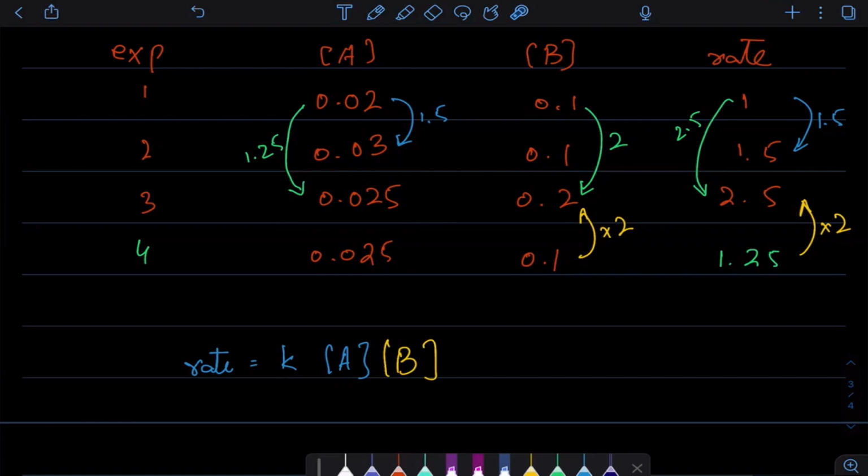Just ignore B, just ignore these values. Just focus on the one that you know. You know that A के लिहाज से it is first order, which means if A went from 0.02 to 0.025, what was its impact? Times 1.25. So because this concentration increased by 1.25, the rate should increase by 1.25.